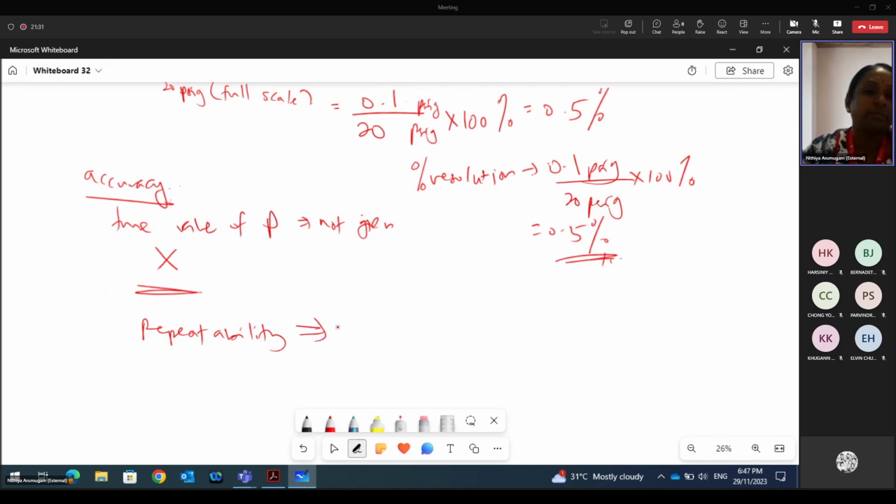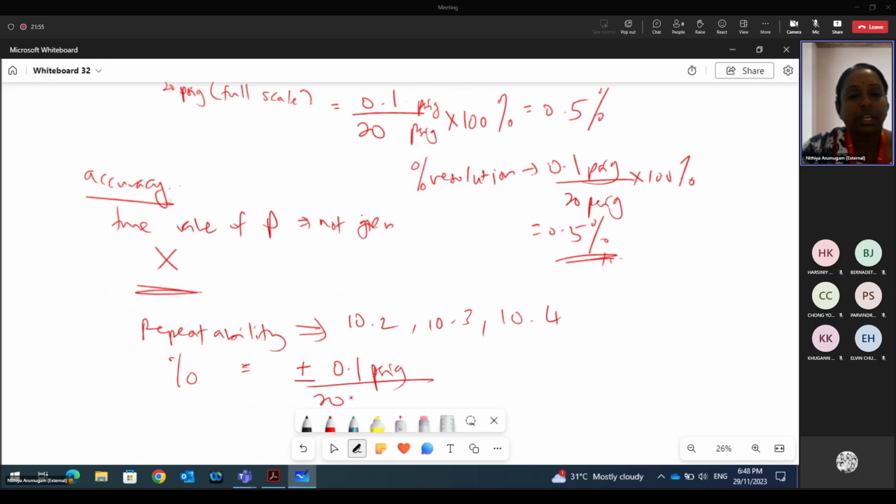Using all the same inputs, we'll get 10.2, 10.3, and 10.4 for the same input value. So the percentage of repeatability can be calculated using plus minus 0.1 interval PSIG over 20 PSIG times 100%. So it will be plus minus 0.5% full scale.